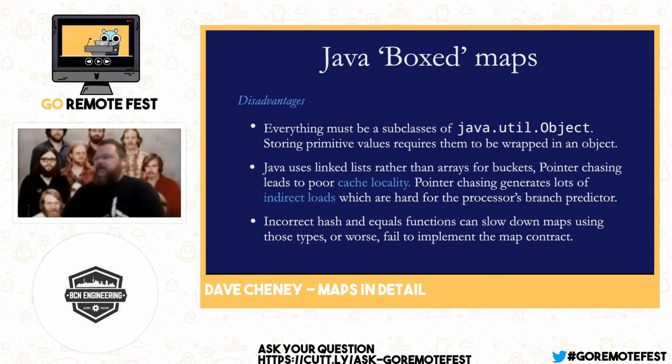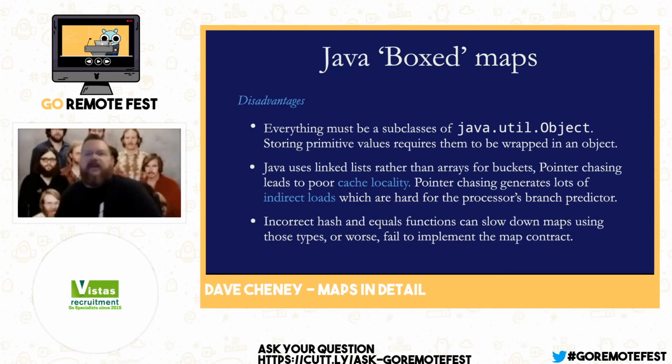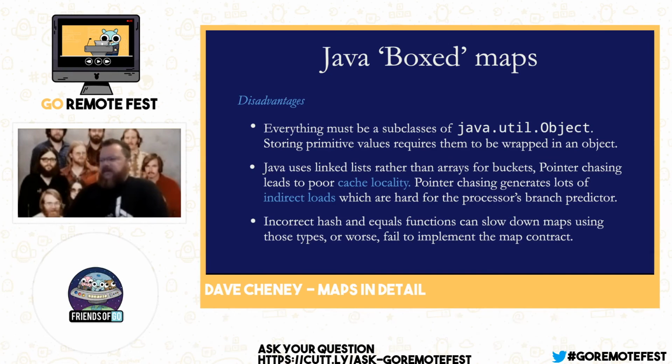It also uses linked lists. This is probably not a deliberate decision either way. It is probably more that when Java was designed, memory locality wasn't such a problem, and Java being an interpreted language back then, that probably wasn't a cost they could see. But it certainly is not the best for modern processors.